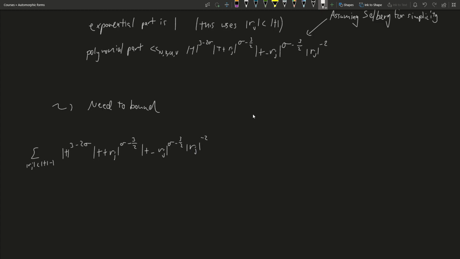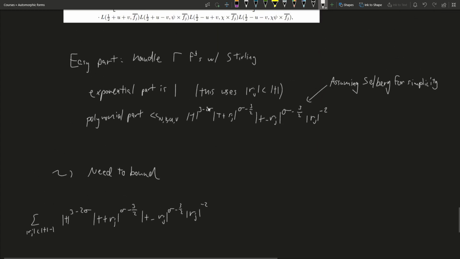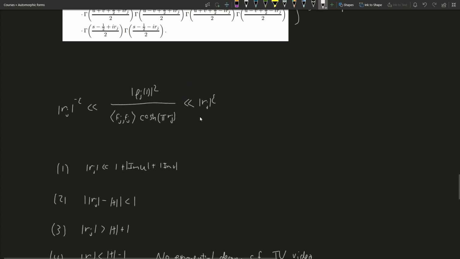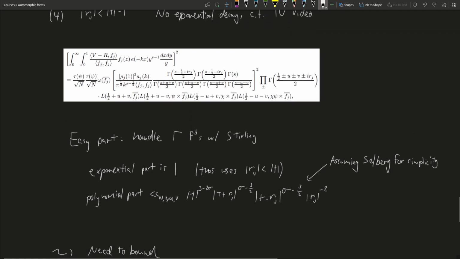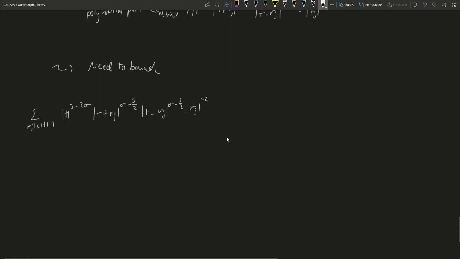You could do minus 2 plus epsilon coming from this bound if you like, but it sort of comes down to the same thing.